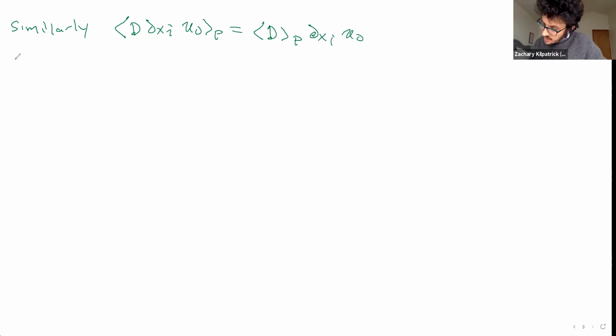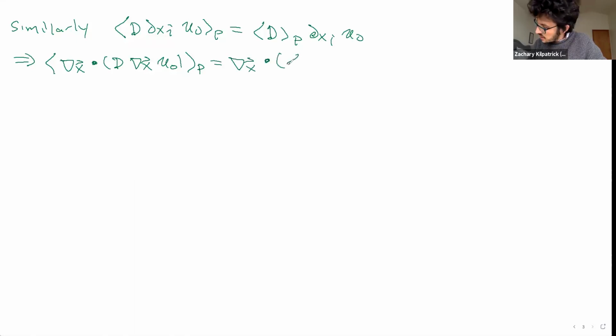So all of this together implies that the average over the gradient, the divergence over x, d gradient over x u0 average with respect to p is equal to the divergence, and then we can just pass that average only along to d itself, okay? Because everything else just depends on x. So this method of multiple scales allows us to pull the x parts through, okay?